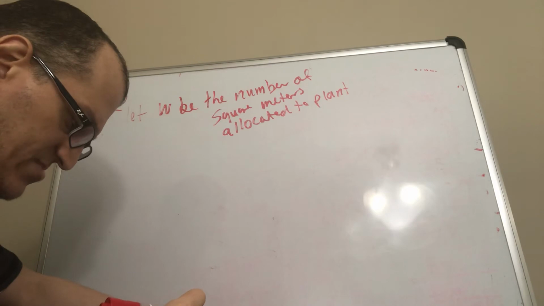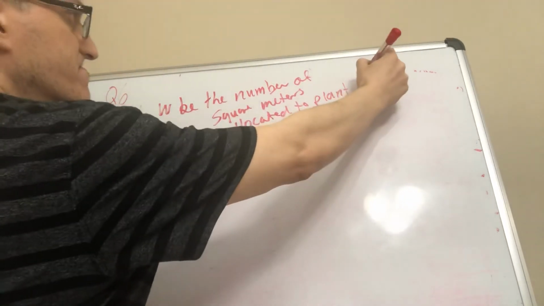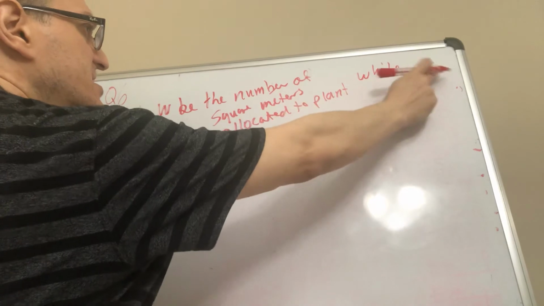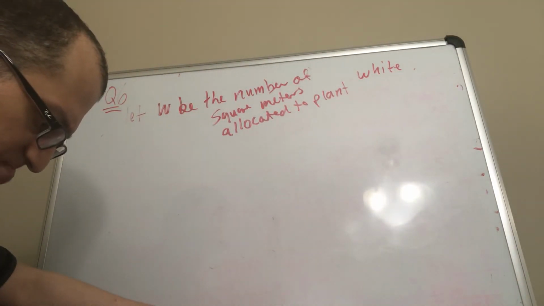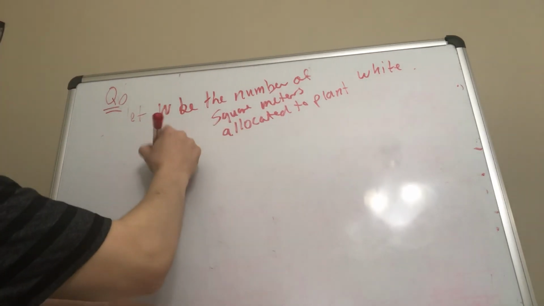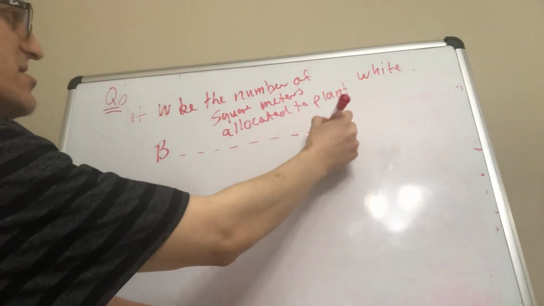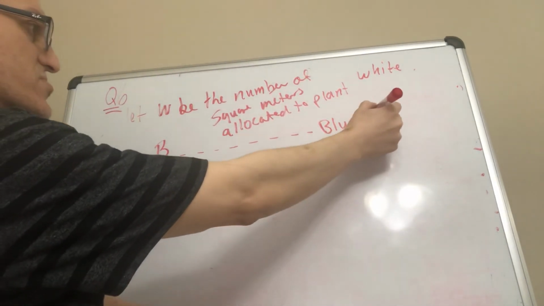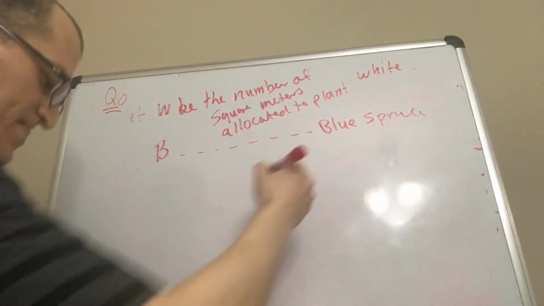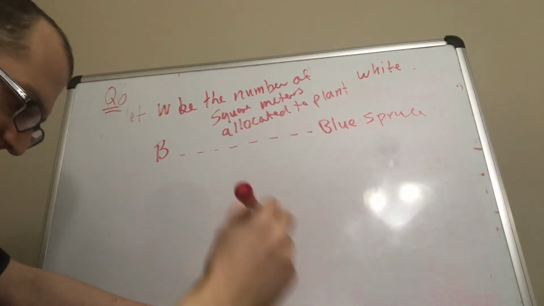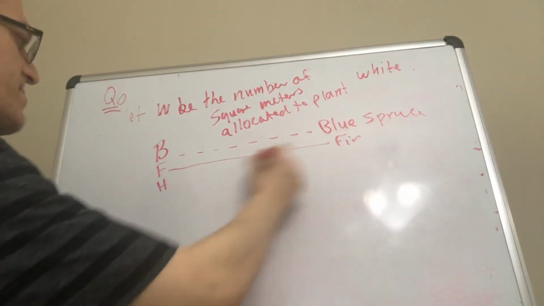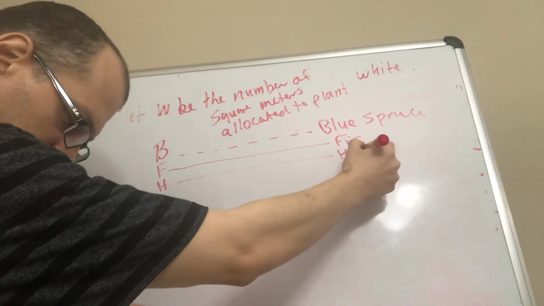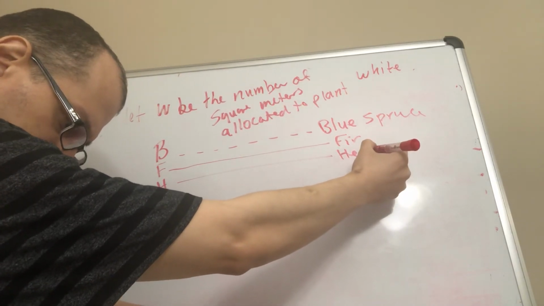Let me just make sure. White pine. So the first one is the area allocated to do the first one. The second one is blue spruce, so B will be the amount allocated for blue spruce. And H, this one is for fir, and this one is for hemlock.